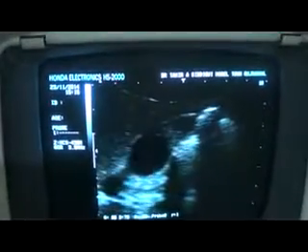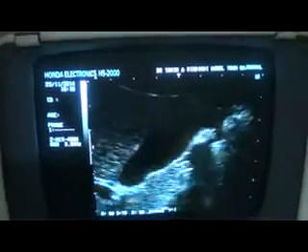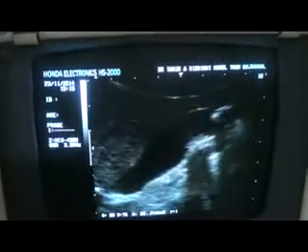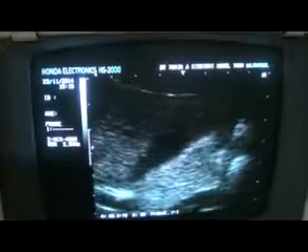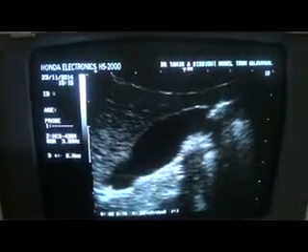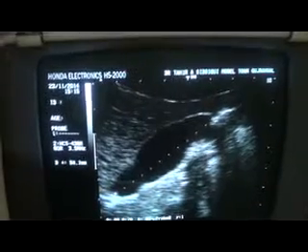Now see on the ultrasound machine. Now you are seeing that I am getting a very good view of the gallbladder as compared to the previous patient. I don't have to ask the patient to take a deep breath and hold. I am getting a full view of the gallbladder in this posture.